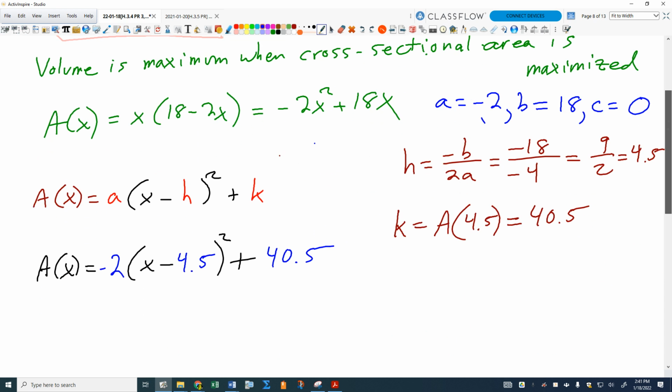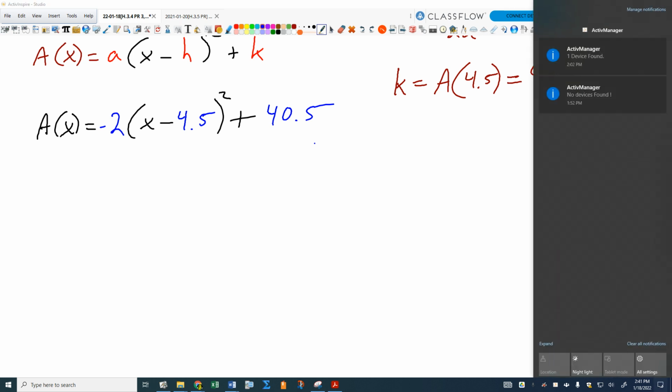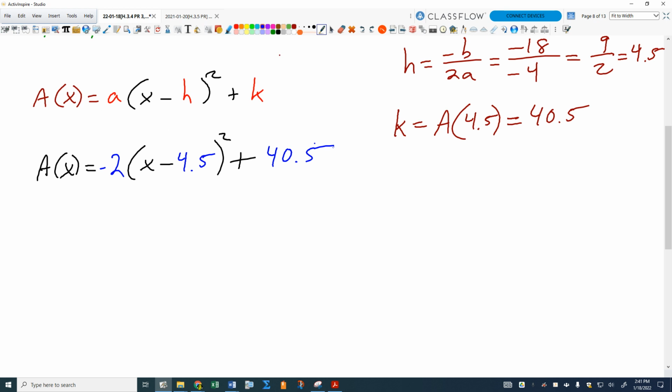So let's answer this then. What's the depth of the gutter that maximizes flow? If I think of this in terms of a graph, I'm plotting x on the horizontal axis and area on the vertical axis. What are the coordinates of the vertex?